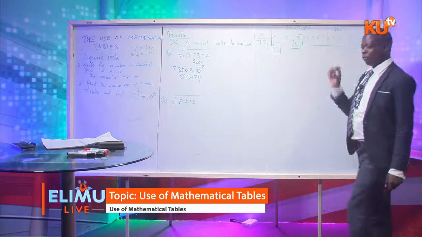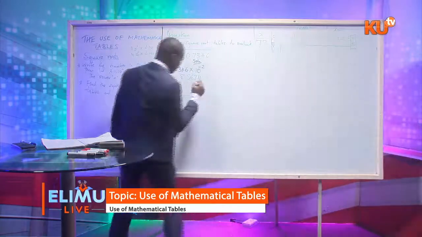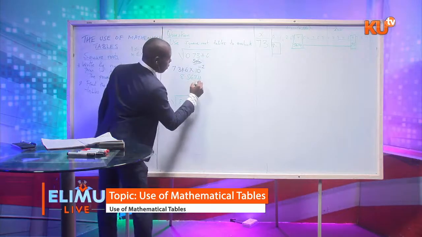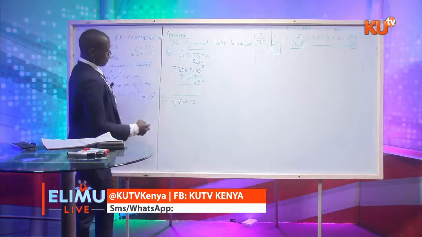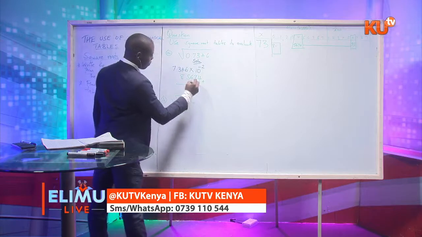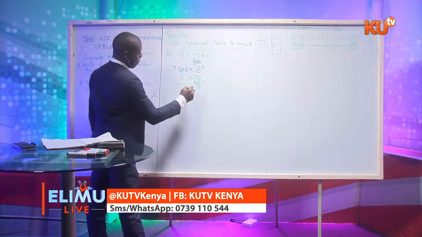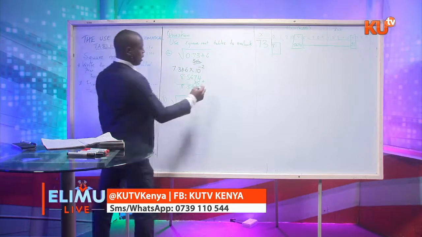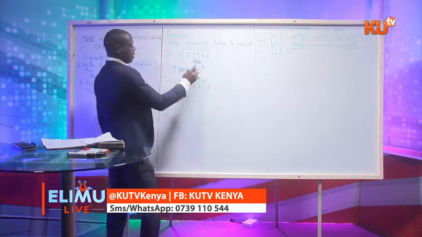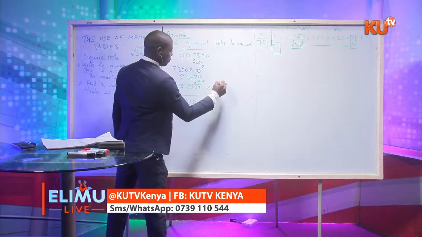We are told to add. So what do we do? We add 35 from the right-hand side. So this gives us 8.5609, then times 10 power negative 2.